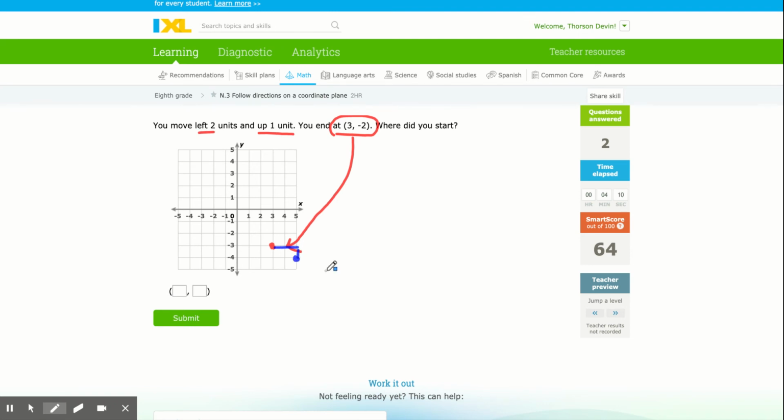So it's kind of going backwards from this point right here, which has an x value of 5 and a y value of -4. Do you agree that if I move left, that means I'm going to -2 from 5, I get to 3. And if I move up, that means I add 1 to -4. Do I get to -2?